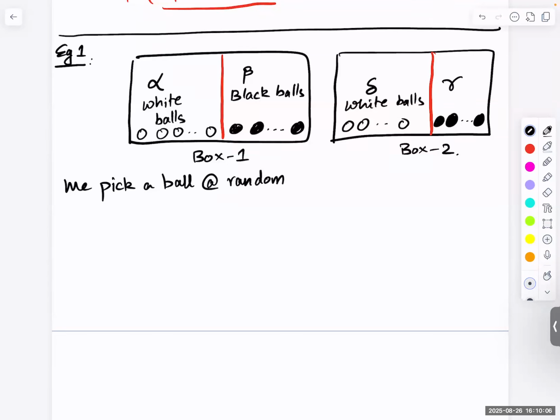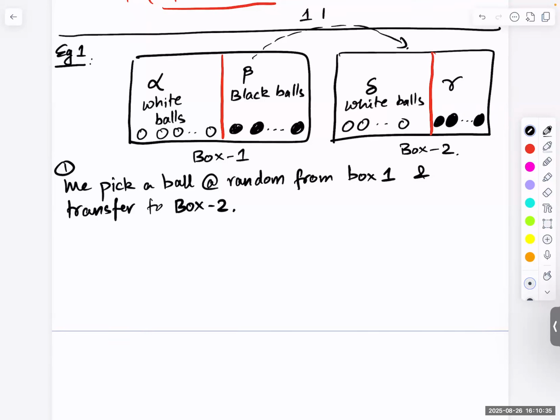And we transfer a ball at random from box 1 to box 2. Very simple experiment. So this is our first step. We pick a ball at random from box 1 and put it in box 2. One ball at random.